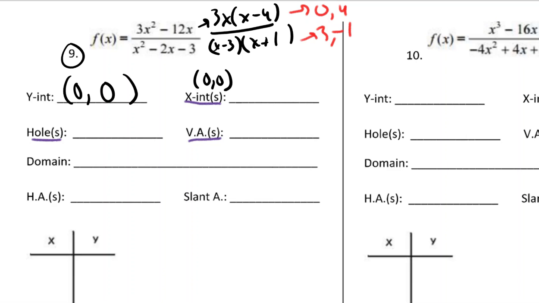And if there's any number in both lists, any number that makes the numerator and denominator 0, that's how you get a hole. Any number that just makes the numerator 0, that's how you get x-intercepts. And any number that makes just the denominator 0 gives you vertical asymptotes.